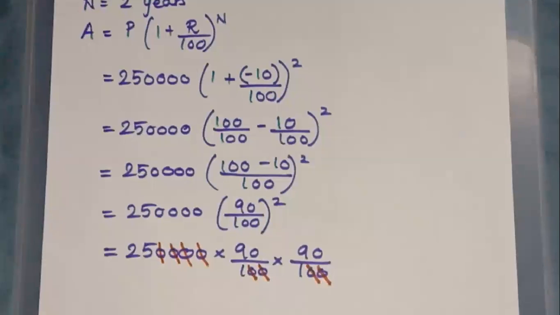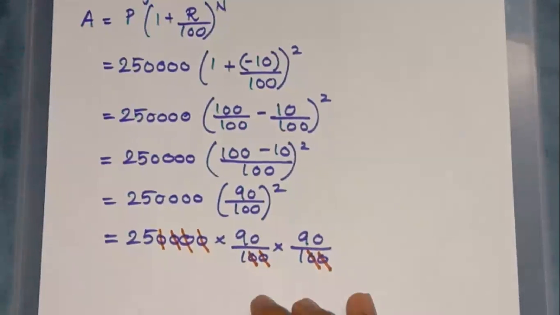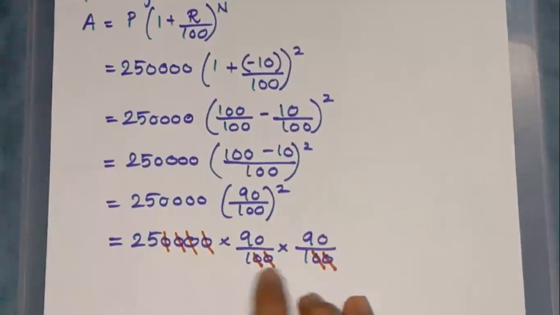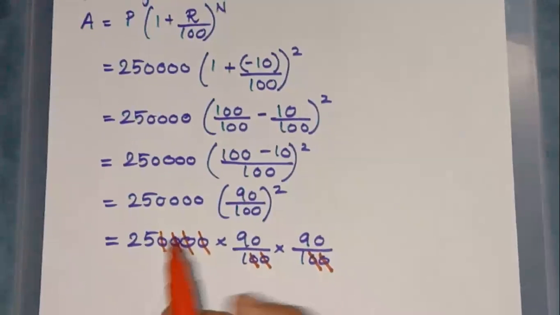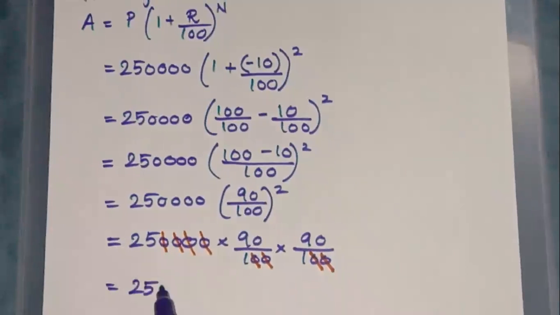Now girls, I don't have anything in my denominator, that actually you have 1 over here, but 1 doesn't make any value so that should be cancelled. So you are left with 25 multiplied by 90 multiplied by 90.